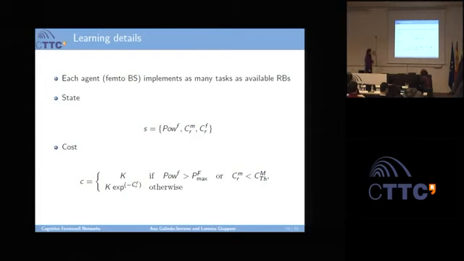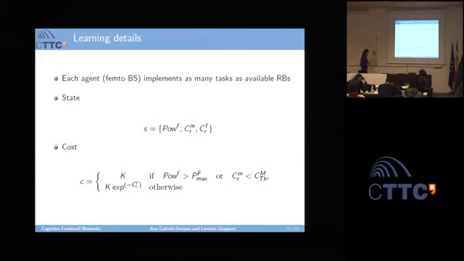Then we will have a component for the capacity of the macro user for the given resource block. And finally, we will have the capacity of the femto user for the given resource block. And the actions will be the different power levels that the base station can assign in each resource block.